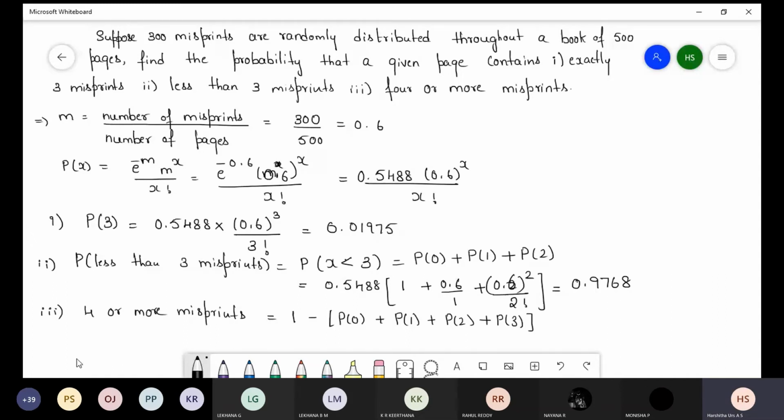So I just write here 0.5488 as a common, 1 minus here first one, 1.6, 0.6 whole square divided by 2, again 0.6 whole cube divided by 3 factorial, 0.00337.